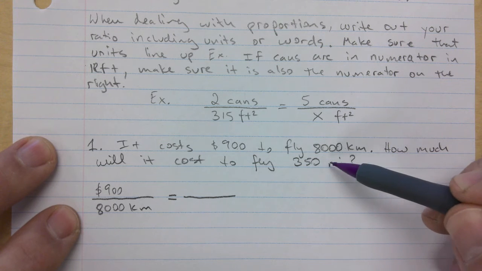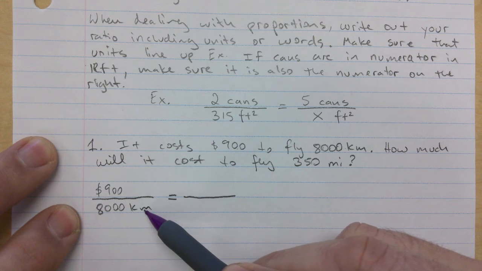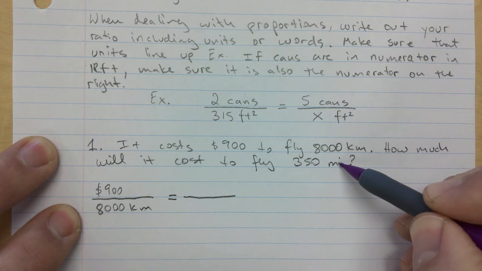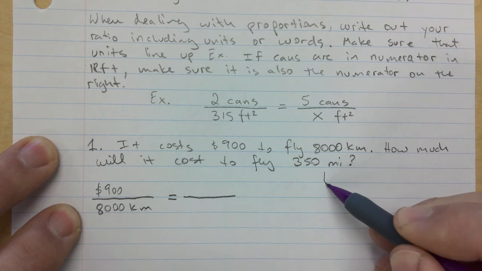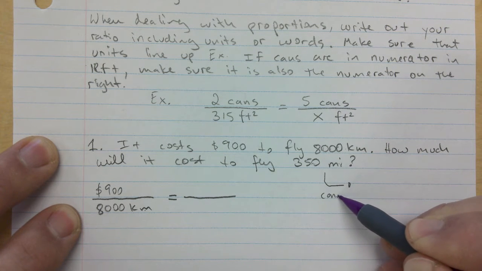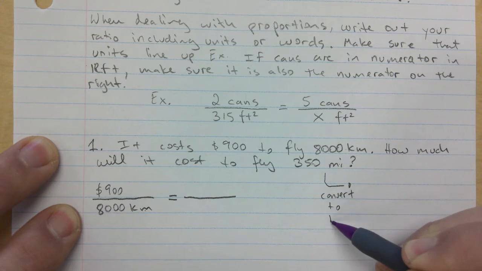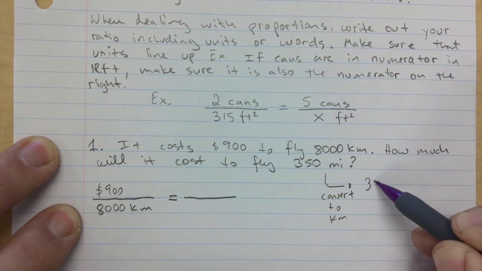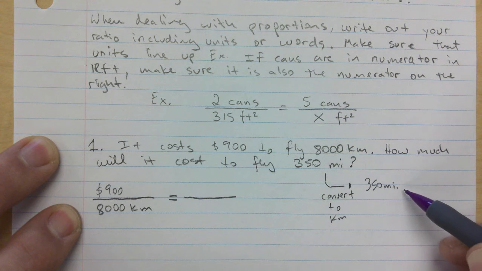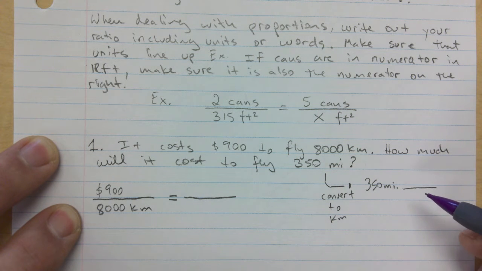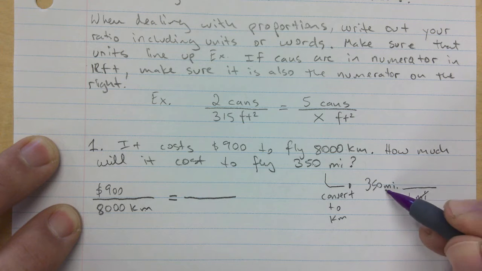The problem here is that 350 miles does not match with kilometers. So what I will do is I will convert this on the side, right? We'll convert to kilometers. So we have 350 miles. We know there's a relationship between miles and kilometers, and we want the miles down here because that will cancel out here.